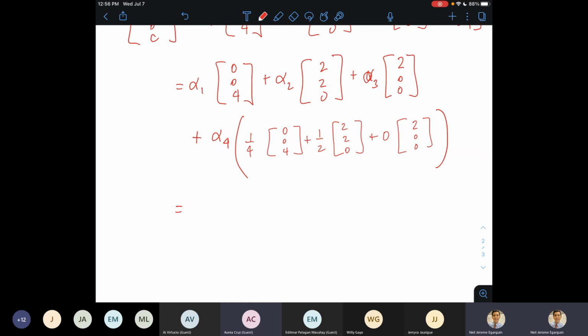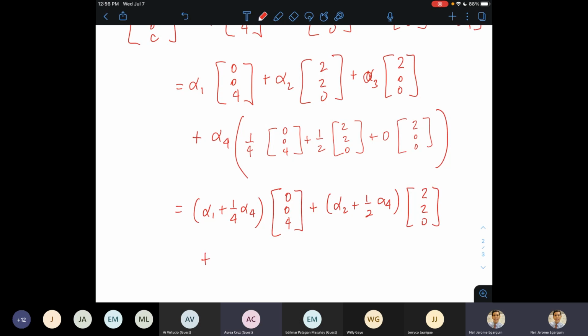Eventually, that will allow us to write it as (alpha 1 plus a quarter of alpha 4) times (1, 0, 0, 4), plus (alpha 2 plus half of alpha 4) times (2, 2, 0), plus alpha 3 times (2, 0, 0, 0), plus (0, 1, 1, 1).